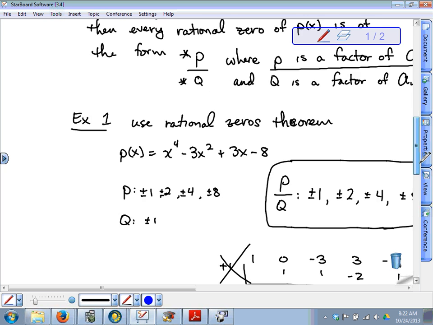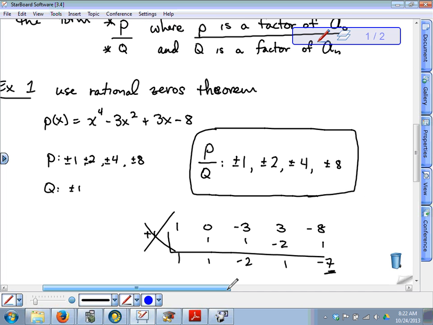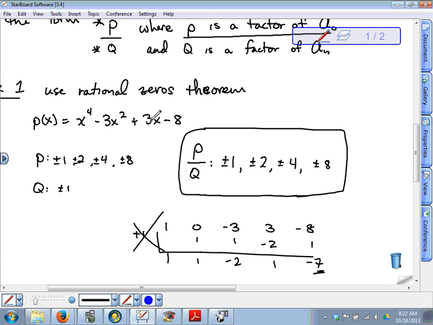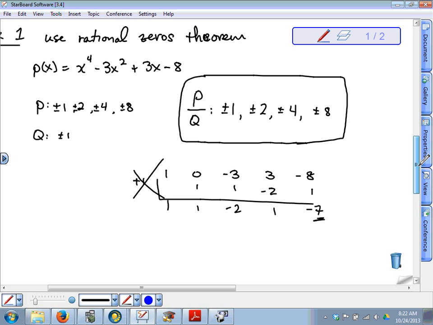And this, I think, is where we were. Example 1. We use the rational zeros theorem on this polynomial. And we just barely started testing. We took the first number, positive 1, tested it. Didn't end up working. So let's keep going. Let's test another one.